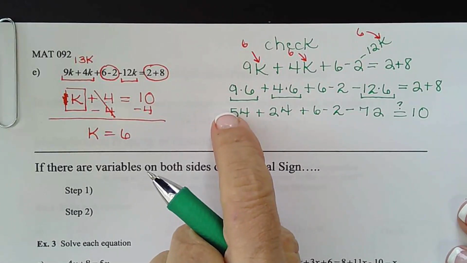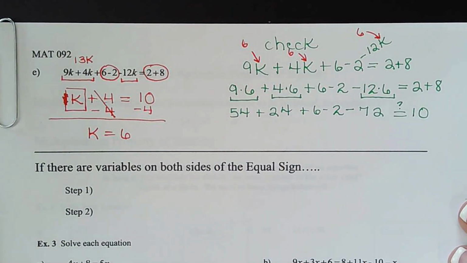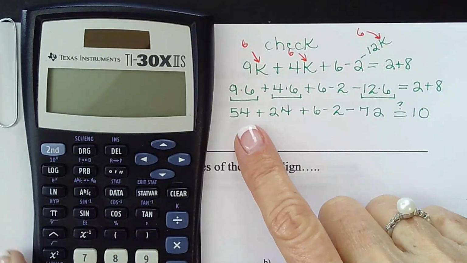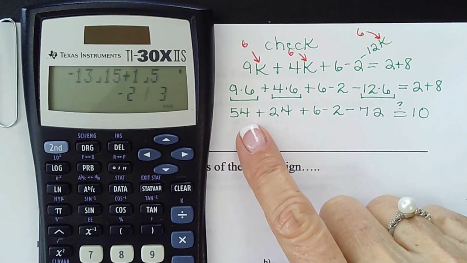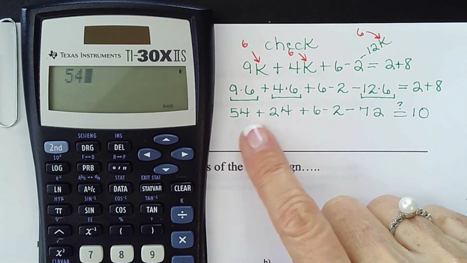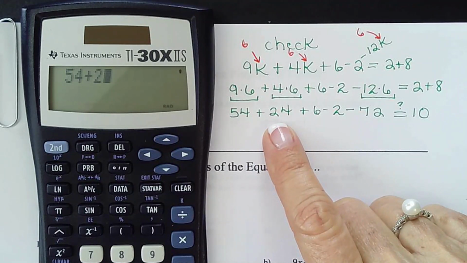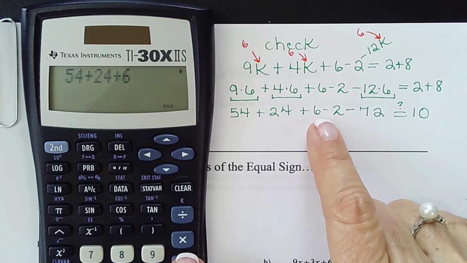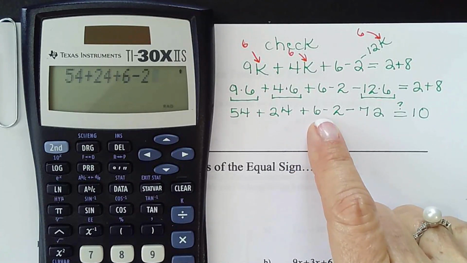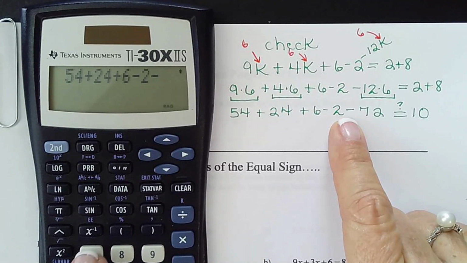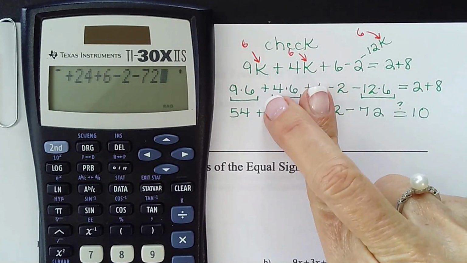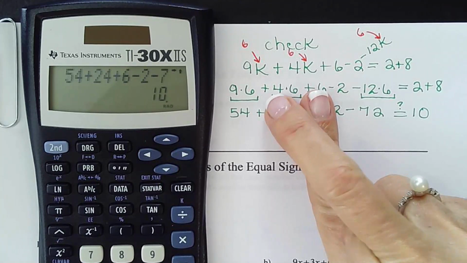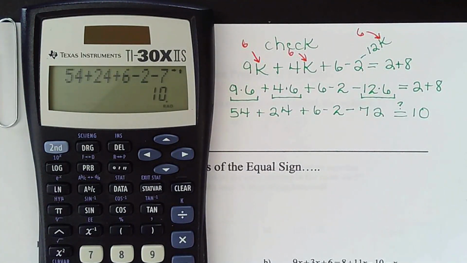So this is when we use the calculator. So we're just adding a big string of numbers. So 54 plus 24 plus 6, subtract 2, subtract 72. Cross your fingers. Yes! 10 it is.